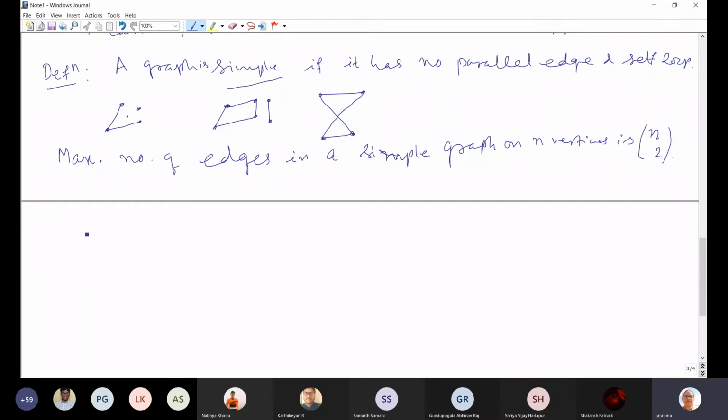So when a simple graph has the maximum number of edges, that will be called a complete graph. Let me write it.